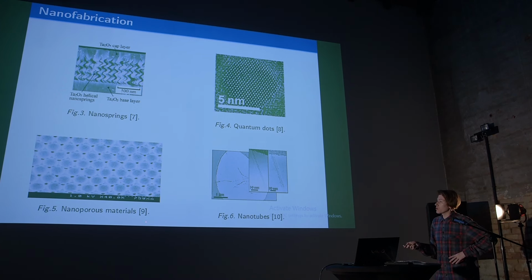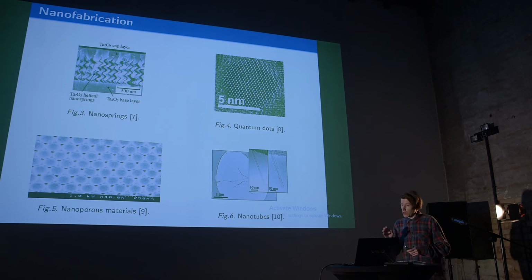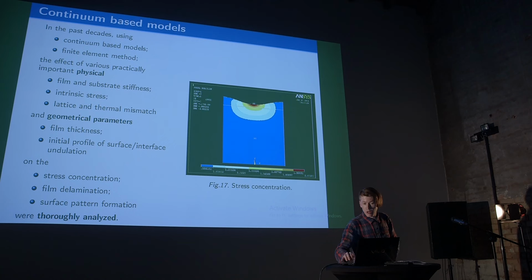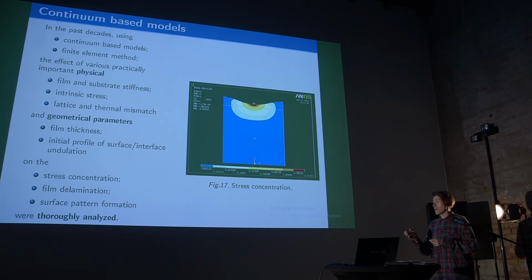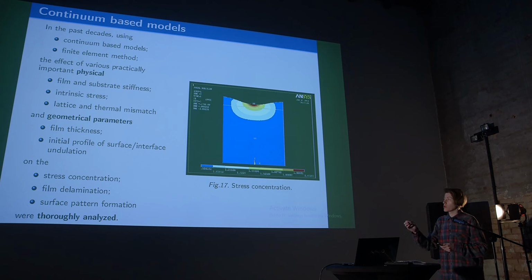Also, we can produce some nanoporous materials and nanotubes. And we can build some devices with these technologies also. So the main point, we should control these processes and we should know what properties we can get.